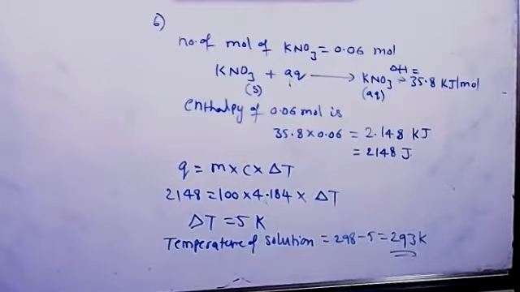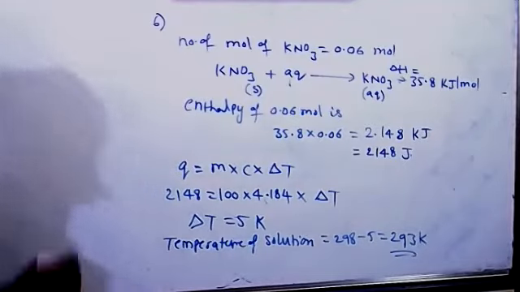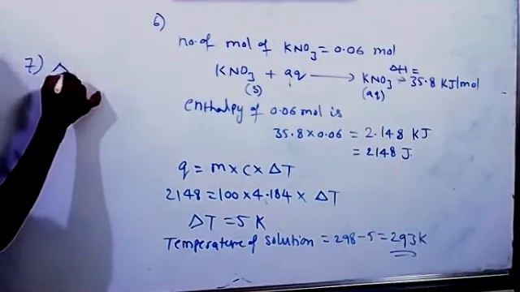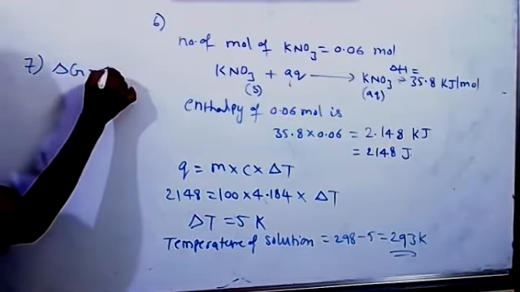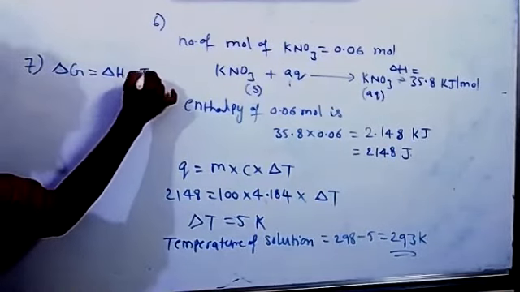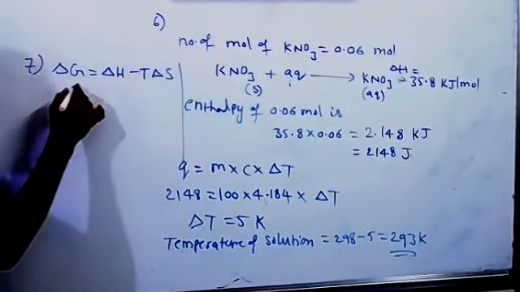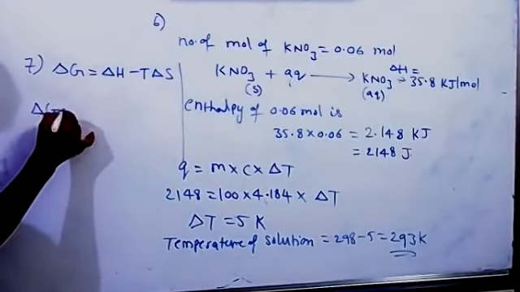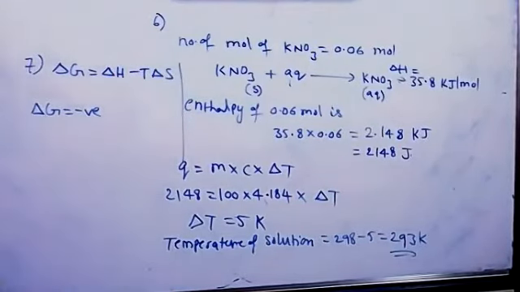See question number 7. For a reaction to be spontaneous at all temperatures. So at all temperatures, for a process to become spontaneous, we know the Gibbs free energy relation: delta G is equal to delta H minus T into delta S. If we get delta G negative, then it is spontaneous.